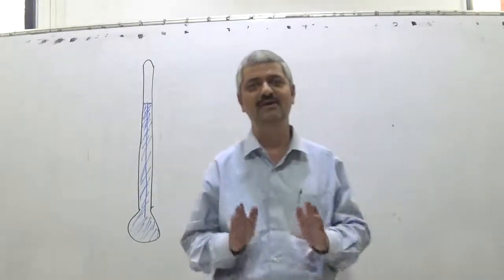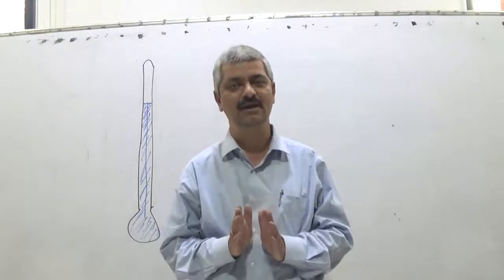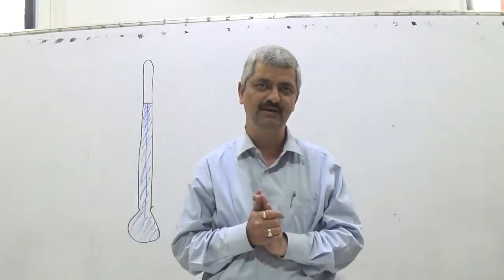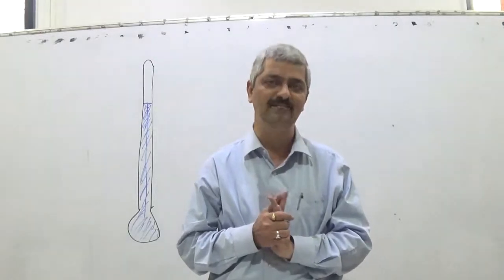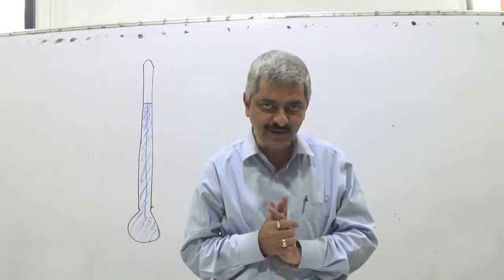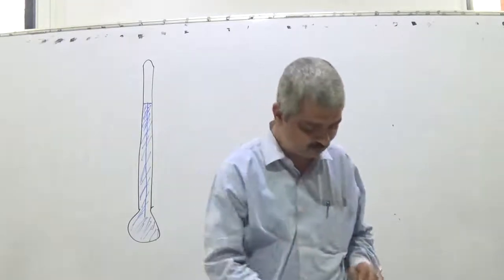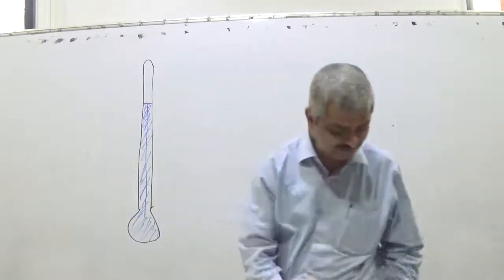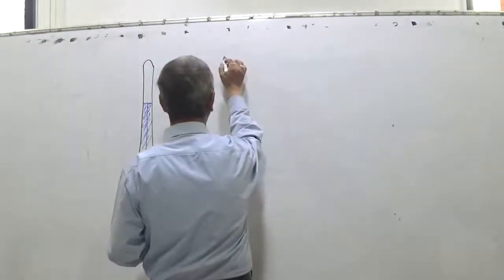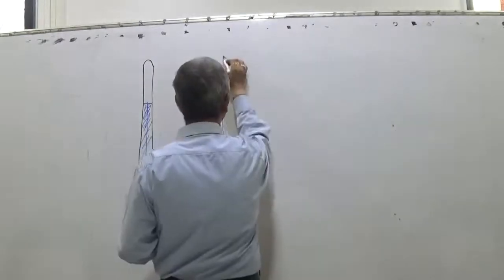Simply you can have a blank paper. On that blank paper you can have a pen, you can have a line. So you will have a blank paper like this.